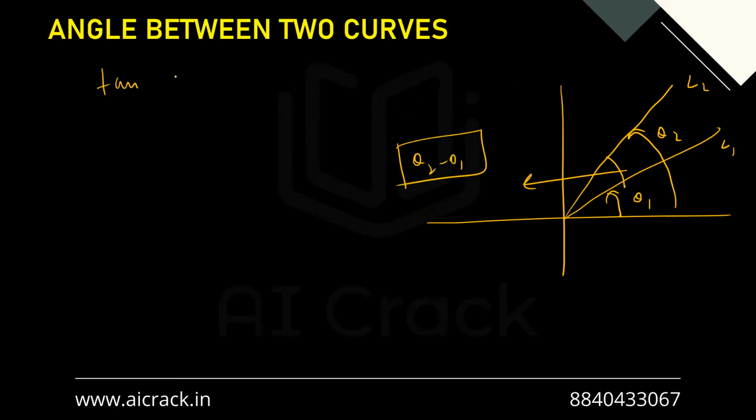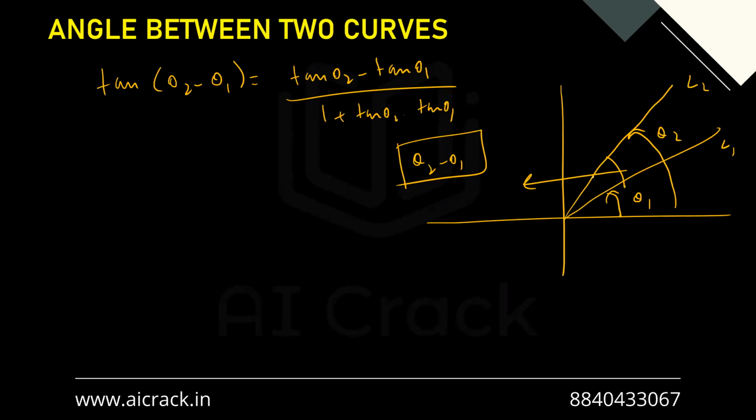Now let's try to find out tan of theta 2 minus theta 1. So over here we'll be getting tan theta 2 minus tan theta 1 divided by 1 plus tan theta 2 dot tan theta 1. Now we know that if we talk about the slope, so basically tan theta 1 would be nothing but slope of L1. So tan theta would be M2 minus M1 divided by 1 plus M1 M2.